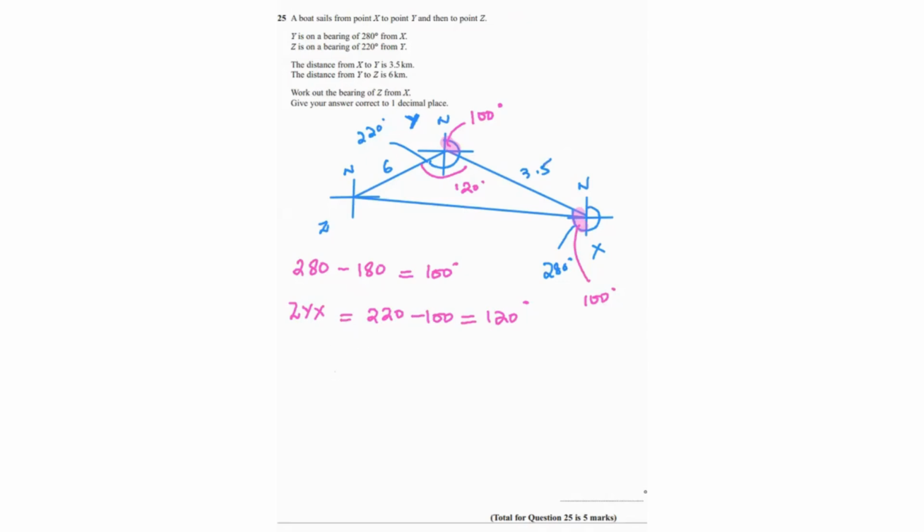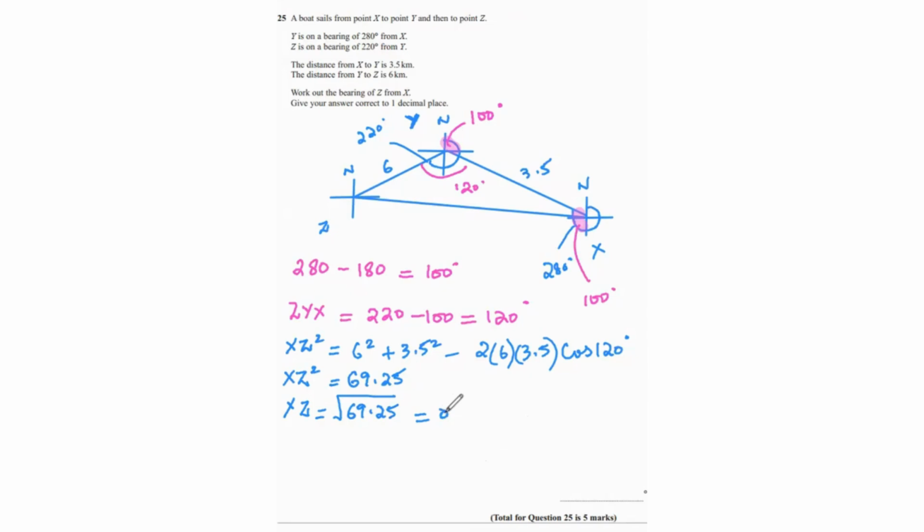So that's going to be XZ squared equals 6 squared plus 3.5 squared minus 2 times 6 times 3.5 times cos of 120. We plug this in the calculator, 8.32 kilometers.